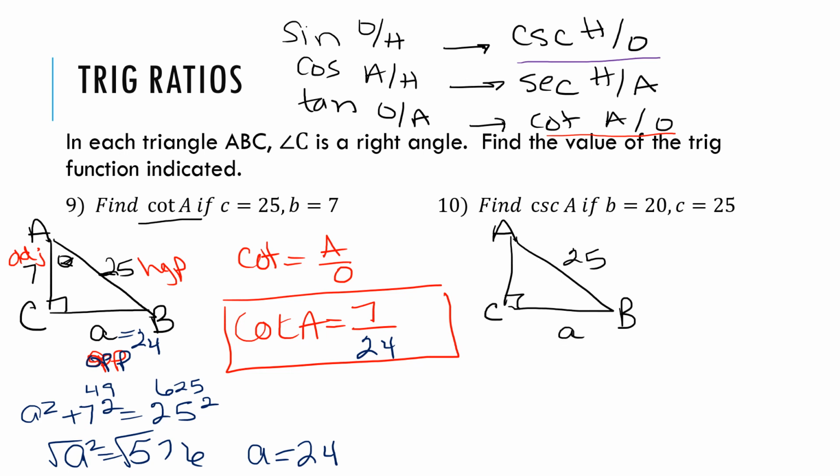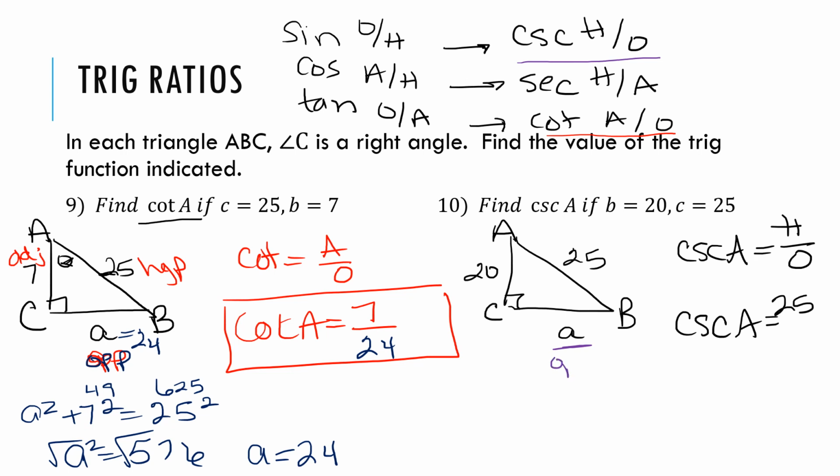Side B is opposite of angle B and has a length of 20. For cosecant of angle A, we need the hypotenuse divided by the opposite. Right now we only have the hypotenuse, which is 25. Again, we're going to have to solve for side A to find the opposite value.